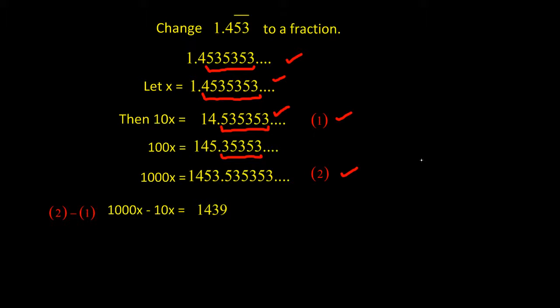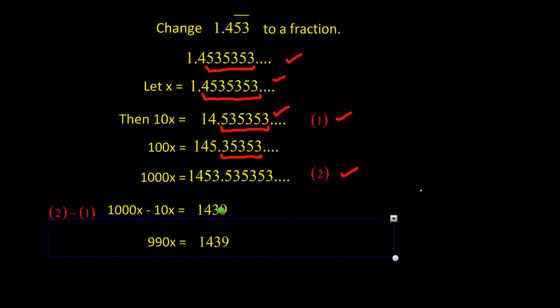If I subtract equation number 2 from equation number 1, in other words, if I subtract 10x from 1000x, I can also subtract this part here from this part here. And in this way, I actually eliminate the decimal part, which is the purpose of this strategy.